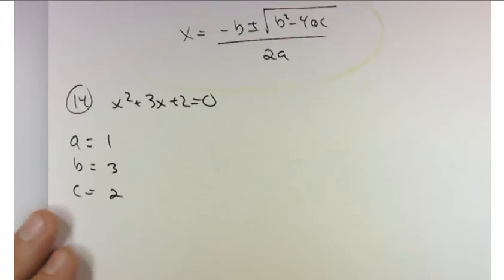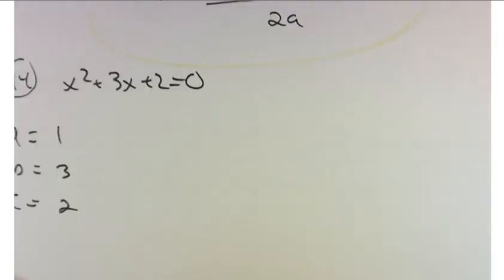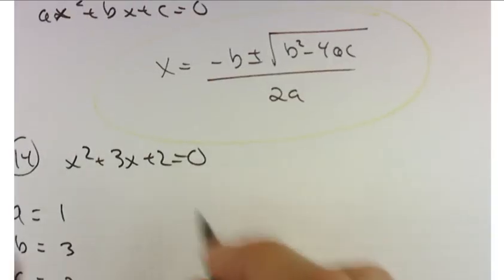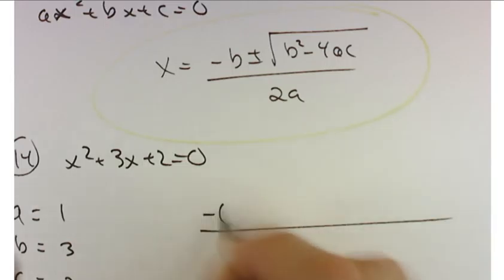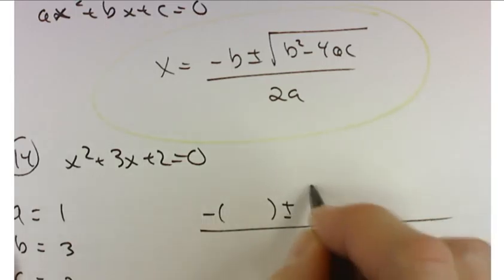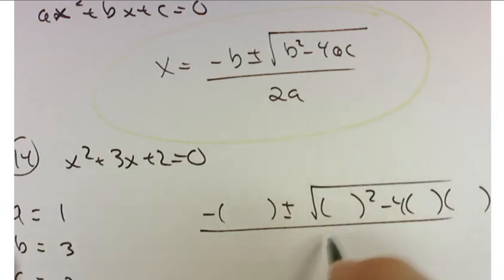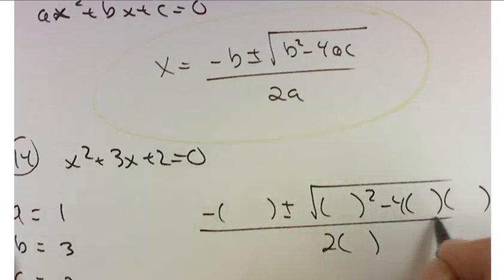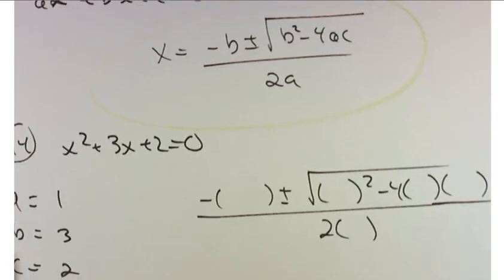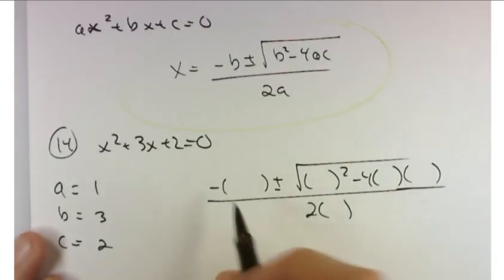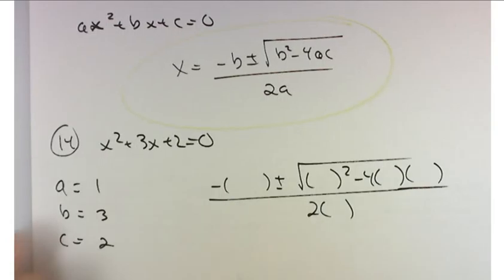Now what I suggest that you do, especially when you're getting used to the quadratic formula, is to fill in the parentheses. So let's fill in the quadratic formula with a bunch of parentheses. The reason for that is because in later examples, when we start working with negative numbers, it's very easy to make a mistake unless you're careful to write things with parentheses.